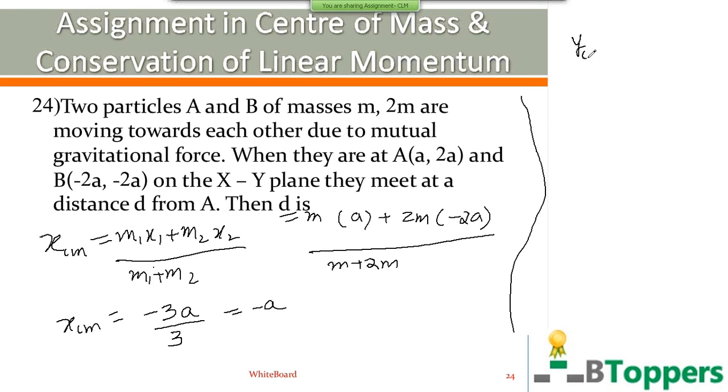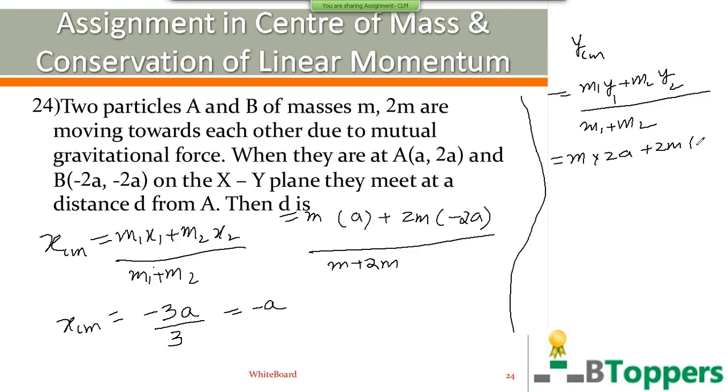So the y coordinate of the center of mass will be equal to m1 y1 plus m2 y2 by m1 plus m2. Here m1 equals m, y1 is 2a, m2 is 2m, y2 is minus 2a.